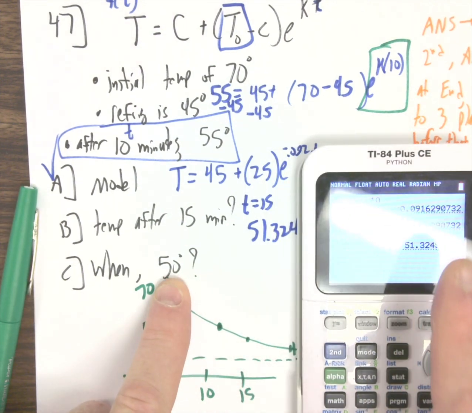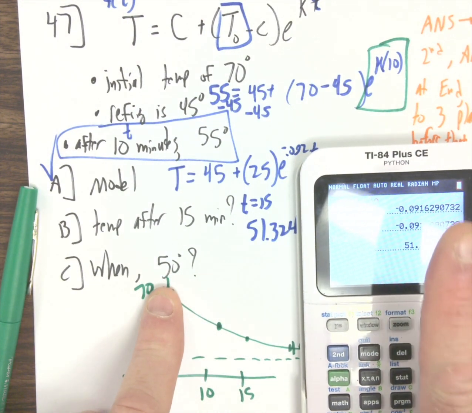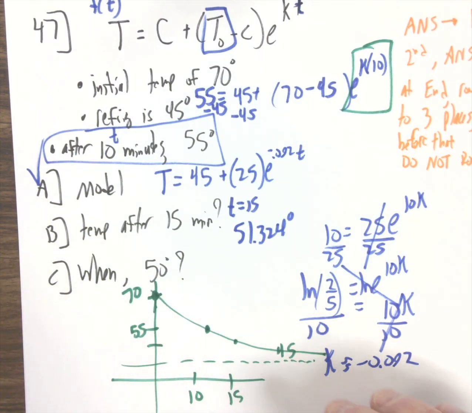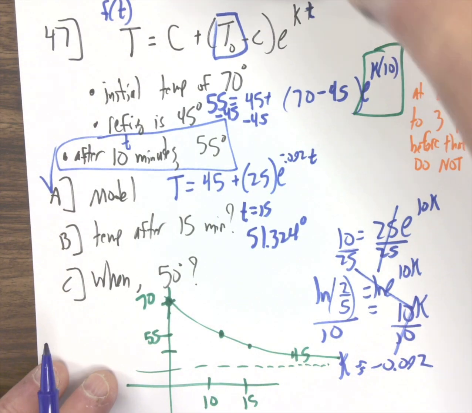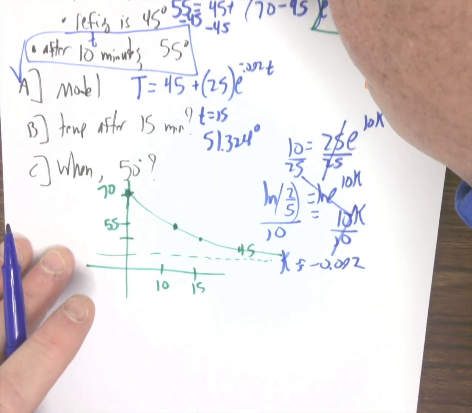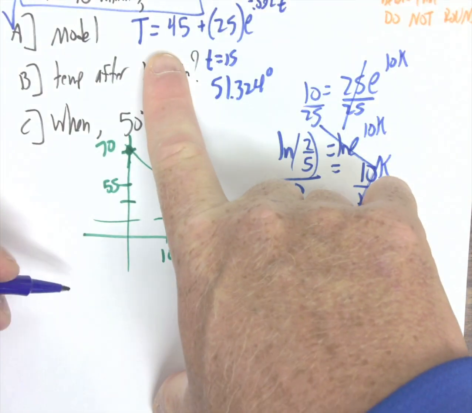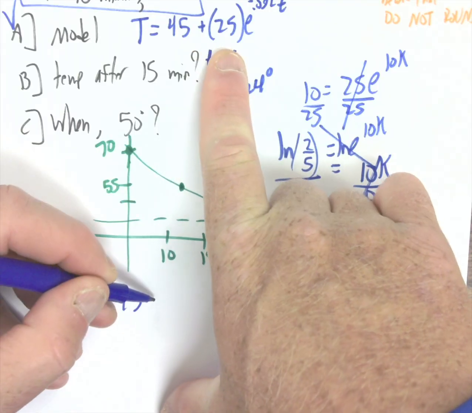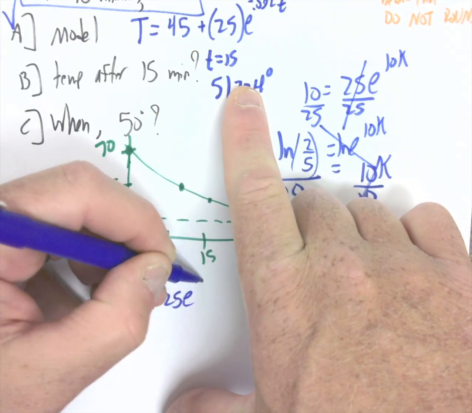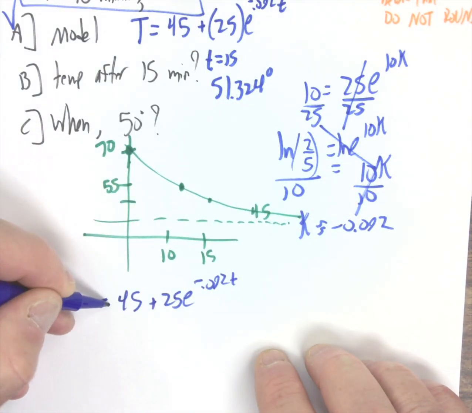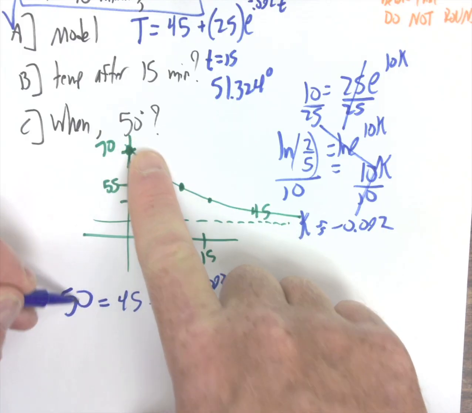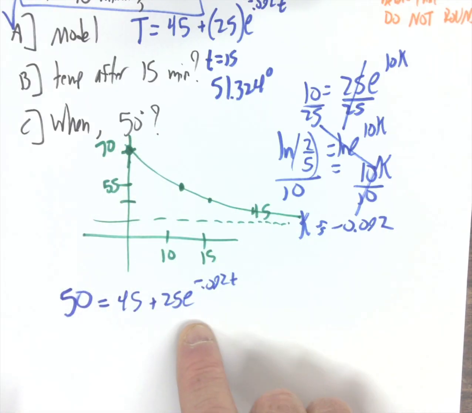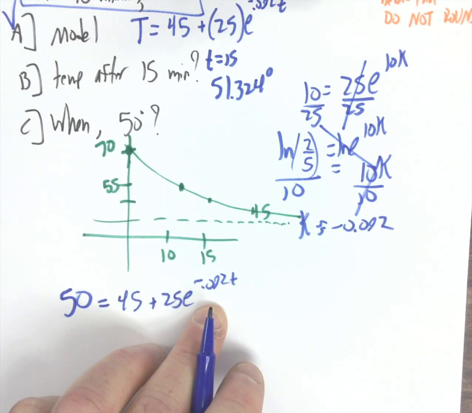Then the last one, when is the temperature 50? Well, then I just need to go to my model, and I'm going to do it down here. I just need to take my model, 45 plus 25 e to the negative 0.092t, and figure out when that is 50. Well, this is an exponential equation which I know how to solve.